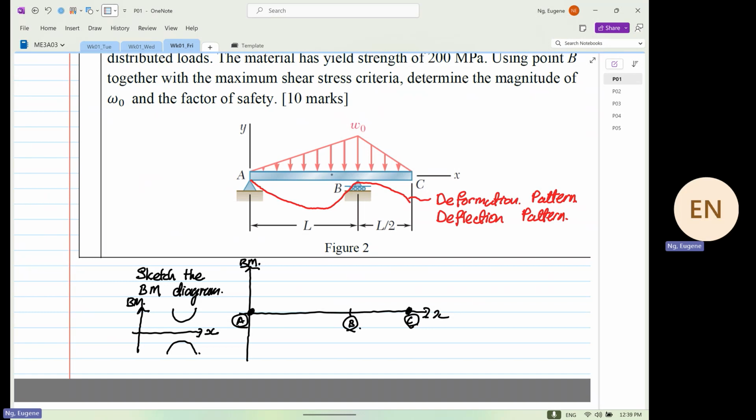So I will draw a line down here, because at that point the deformation over here is a smiling face, and over here the deformation is a what? Sad face.